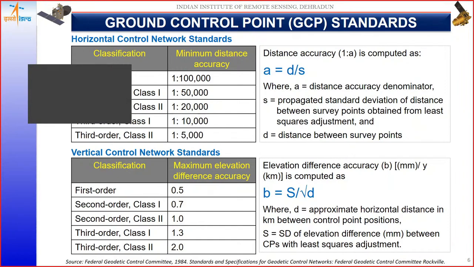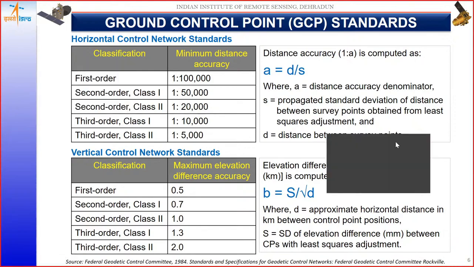So here it says there are defined ground control point standards, and these are given as 0th order, 1st order, 2nd order, and so on. As I was telling you, the accuracy of the GCPs acquired from GNSS or any other classical surveying methods is linked with the scale of mapping.